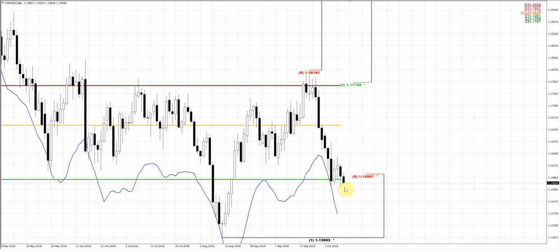Otherwise, the break of this area will suggest a drop lower and a turn to the long-term bear trend, and the first destination point probably will be 113. So that's what we'll be watching for during today's session.